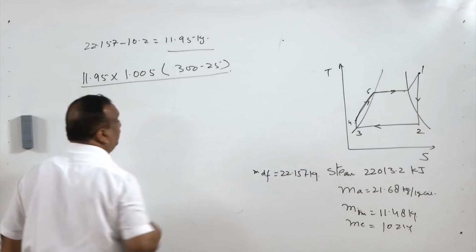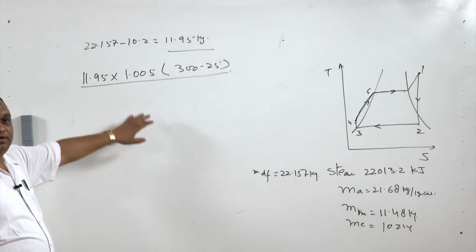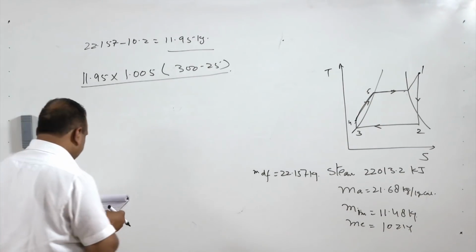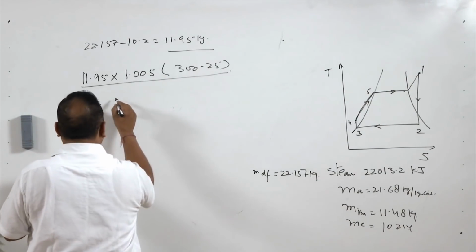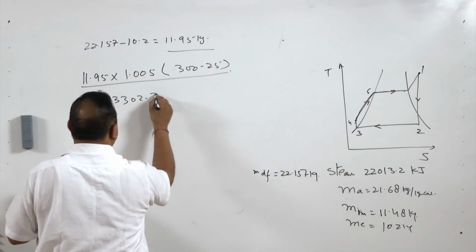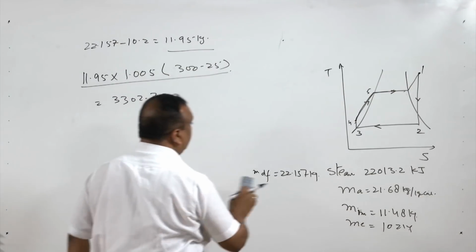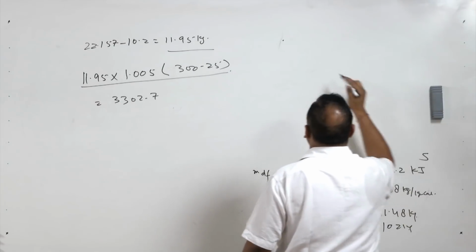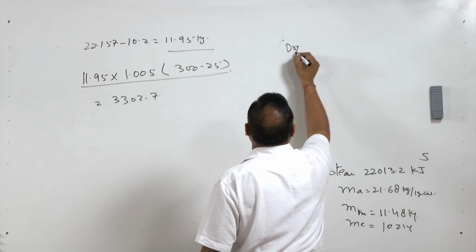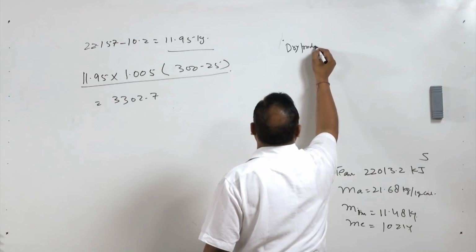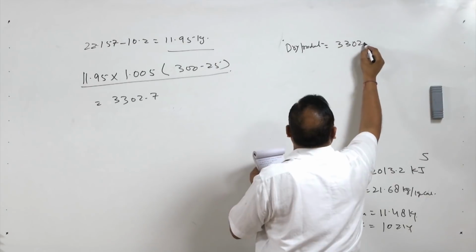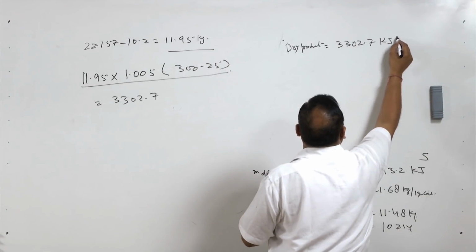This is the amount of heat going with the dry products of combustion, and here it comes out to be 3302.7. Heat with the dry product is equal to 3302.7 kilojoules per kg.